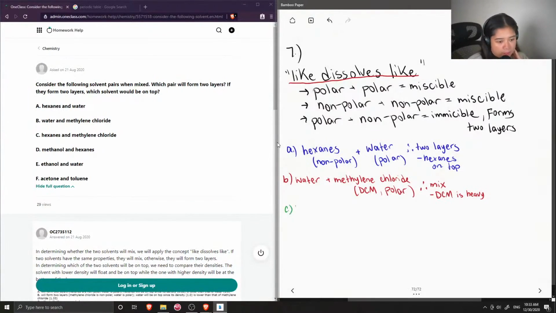So C, hexanes and methylene chloride will form 2 layers. And again, the hexane will be on top.